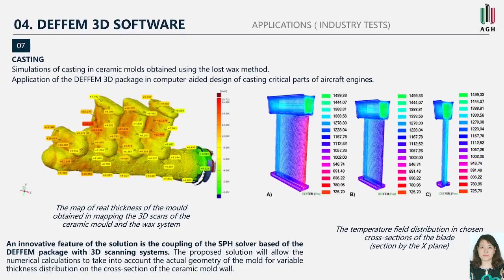The second industrial case is casting in a ceramic mold obtained using the lost wax method. The picture on the left is a map of the real thickness of the mold. On the right, there are some simulation results of the temperature field distribution in a chosen cross section of the blade.